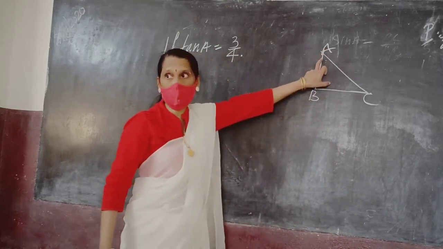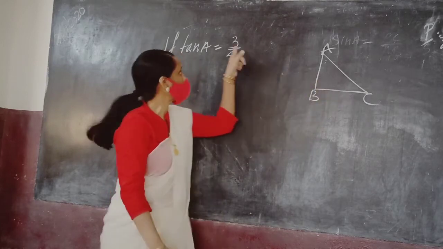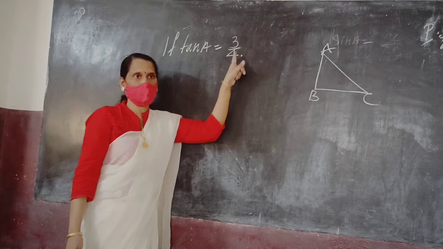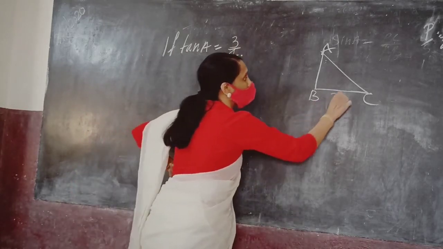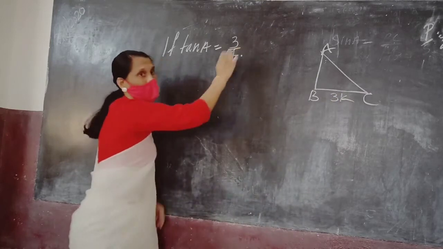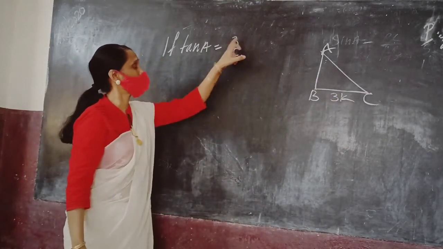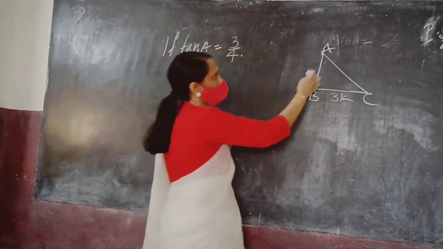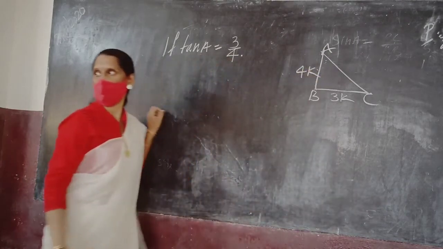With respect to A, what is its opposite side? BC. That is 3 by 4, a 3:4 ratio. So let us take the opposite side as 3K, because it is a ratio. And the adjacent side of A, this one, let us take it as 4K.